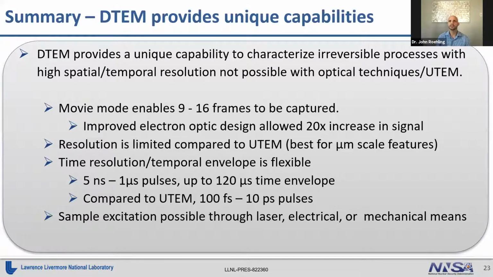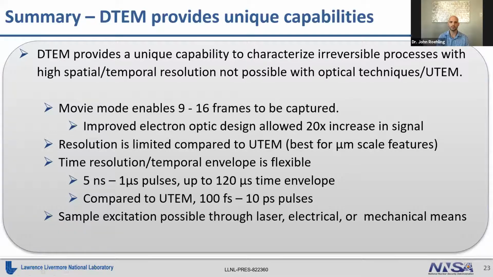This is a relatively unique capability. It has the ability to characterize irreversible processes with high spatial and temporal resolution that's not possible using optical techniques and high-speed optical imaging, and it fits in a different spatial and temporal resolution regime than UTEM.